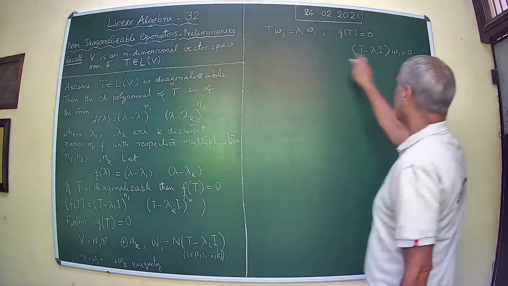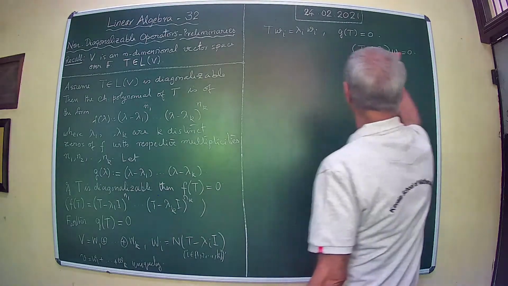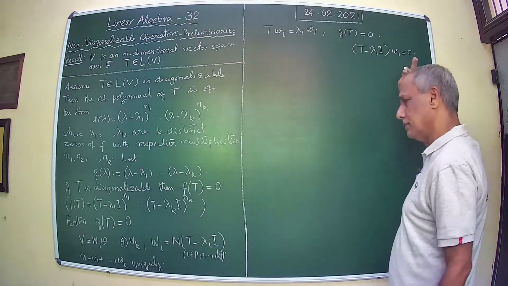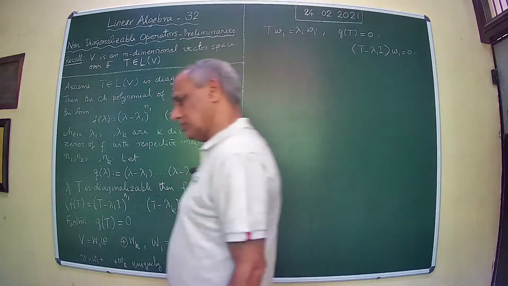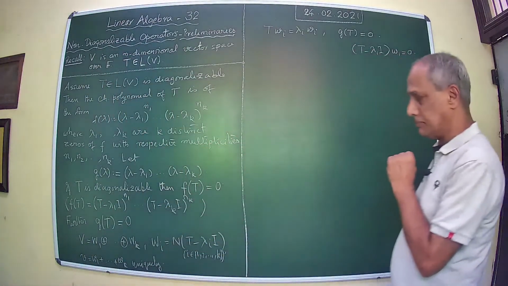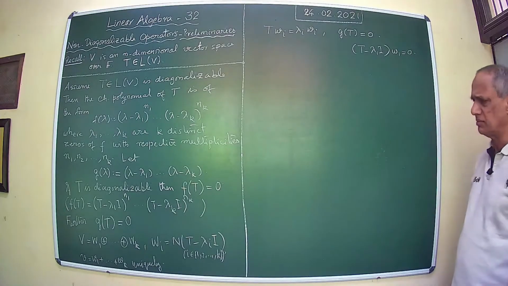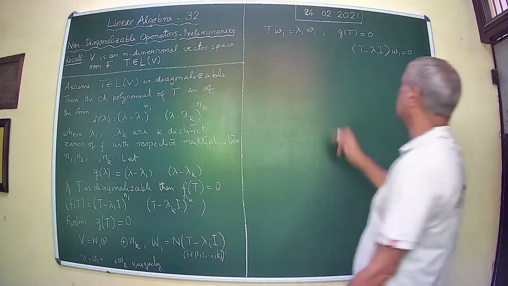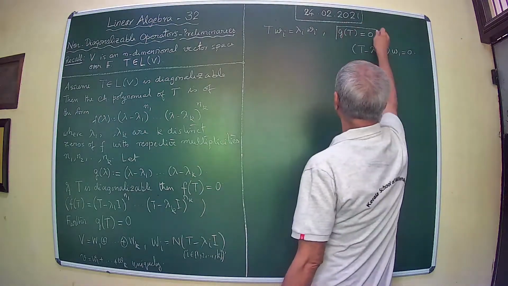And therefore, if you multiply by the other factors, that's going to remain 0. Similarly, for all i's, this happens. And therefore, we have g of T equal to 0.